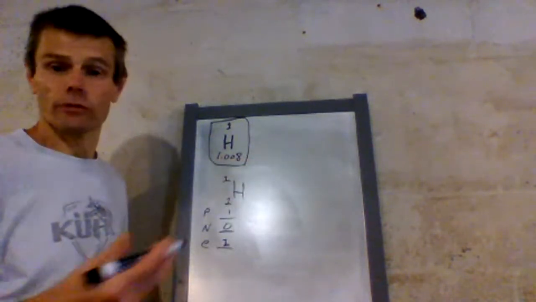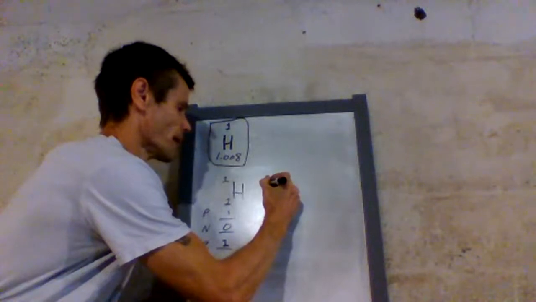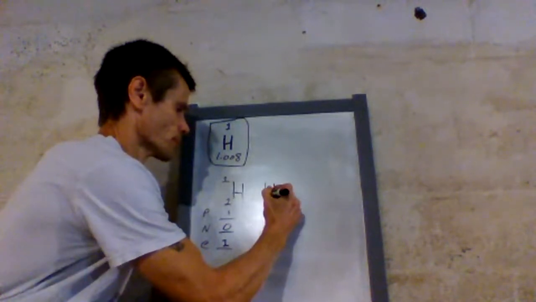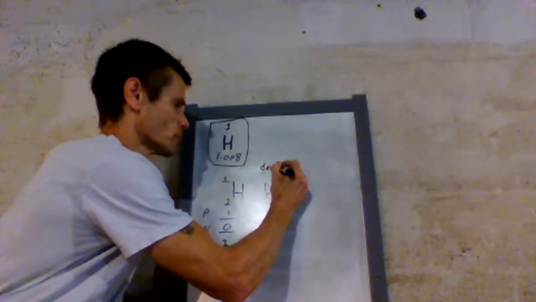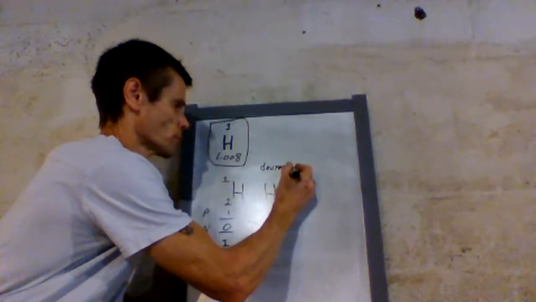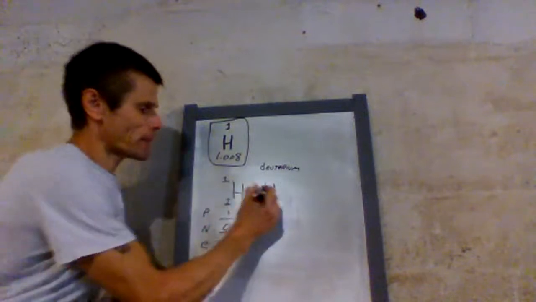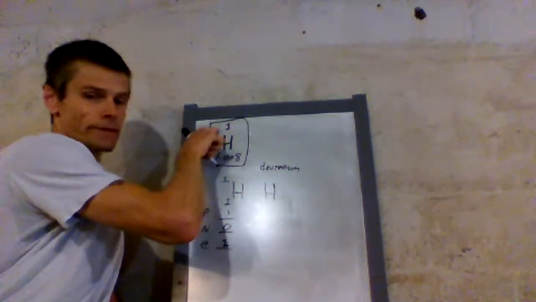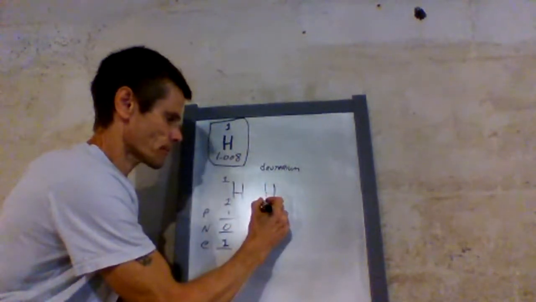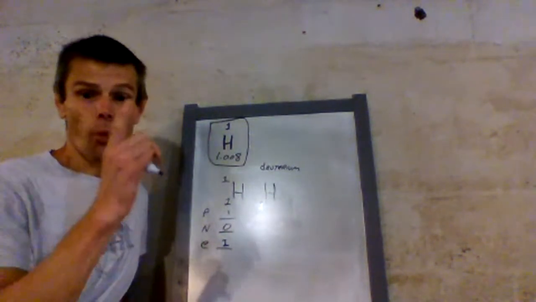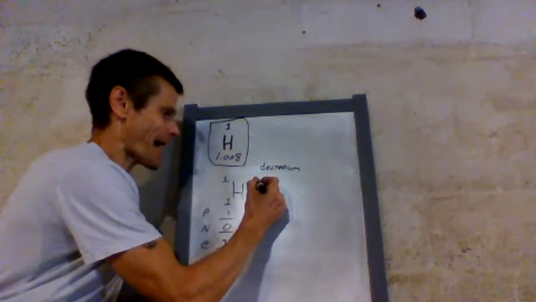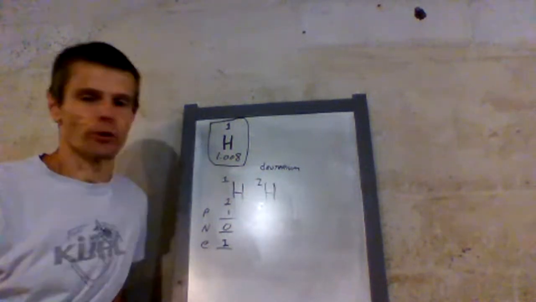The second most abundant isotope of hydrogen is called deuterium. Since it's an atom of hydrogen, it does have 1 proton, but this particular isotope of hydrogen has 1 neutron. So its mass number is 2.